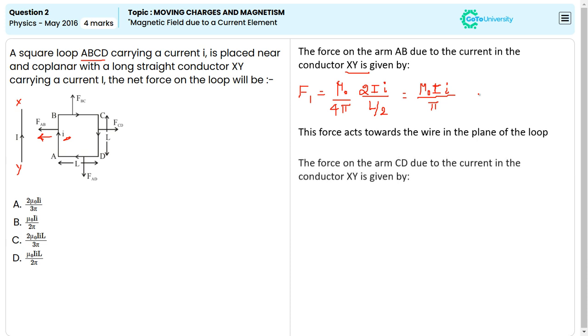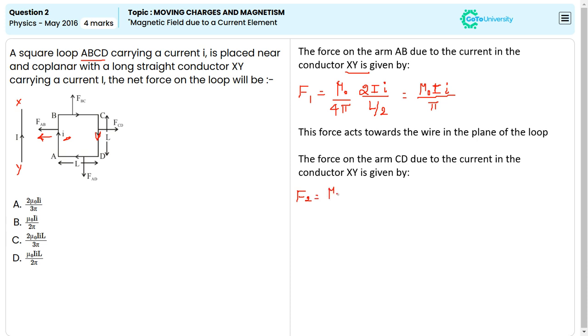The force on the arm CD due to the current in the conductor XY is F2, which equals mu naught divided by 4 pi times 2 into I into I divided by 3L by 2, which equals mu naught I into I divided by 3 pi.